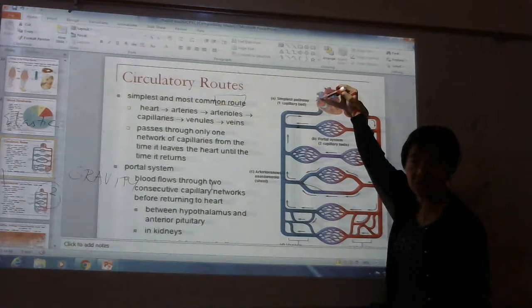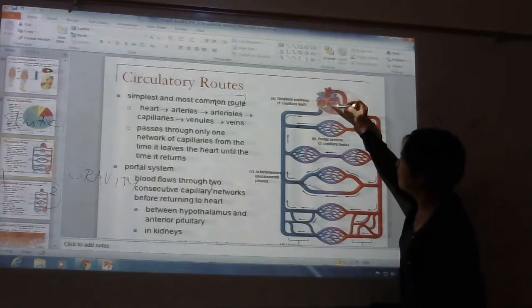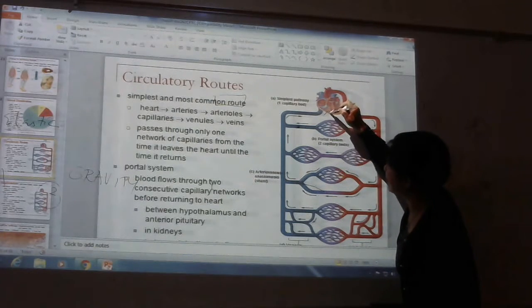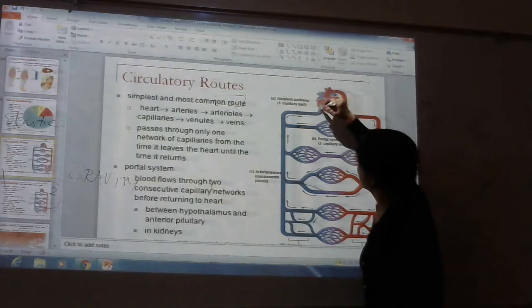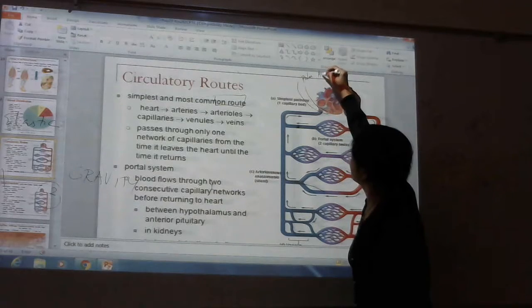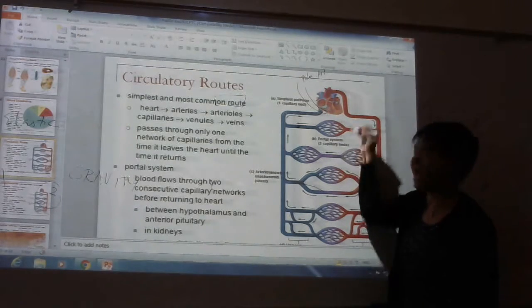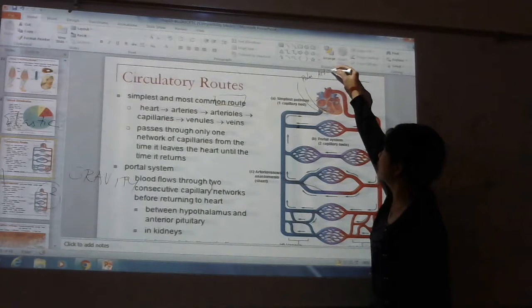Then right atrium to right ventricle. From right ventricle, where is it going to go? To the lungs, isn't it? Right? So this is your pulmonary artery. I'm going to draw here. Pulmonary artery. And what did we say? Artery to capillary, right? And so it's going to go to the lungs to what?